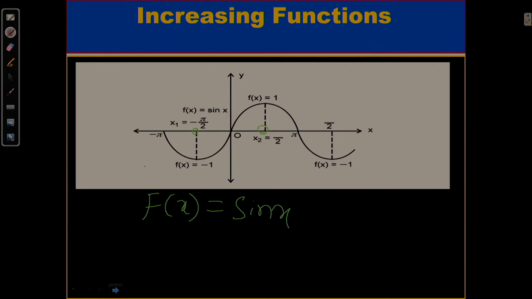From this point, from minus 1 value, it is increasing slowly up to the value of 1. That means from minus 1 to plus 1 the sin x function is increasing. From minus pi by 2 to plus pi by 2 it is increasing. After that it starts slowly decreasing.